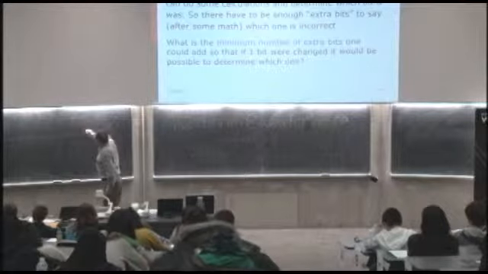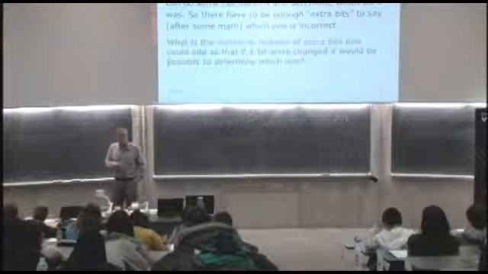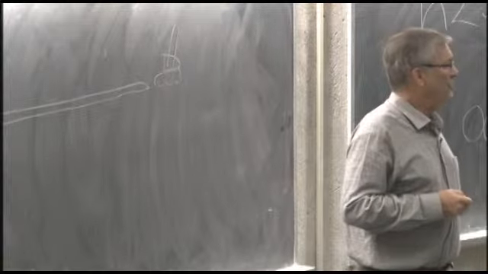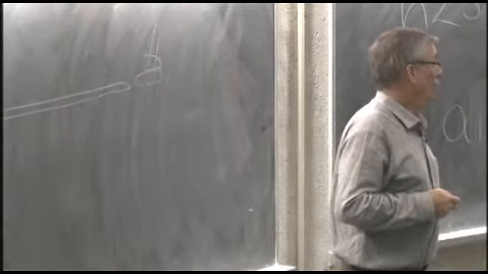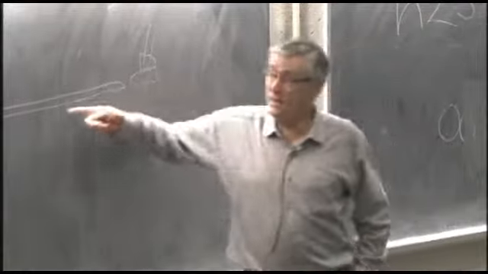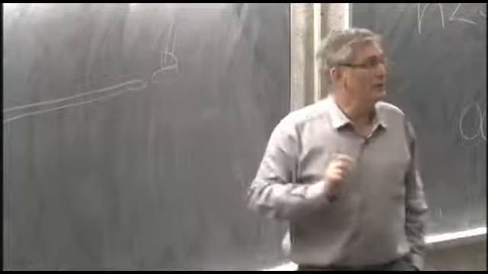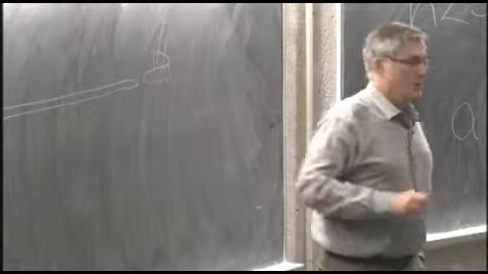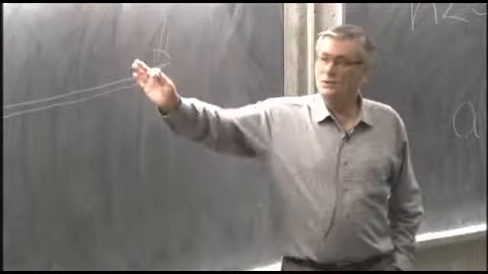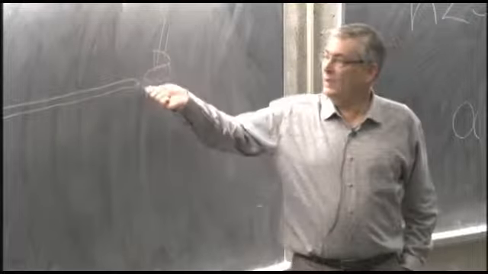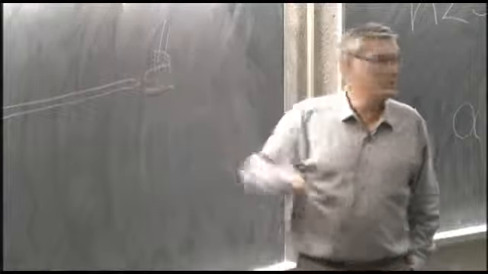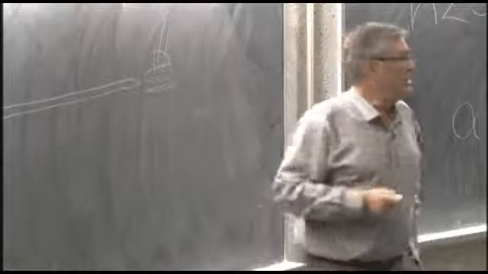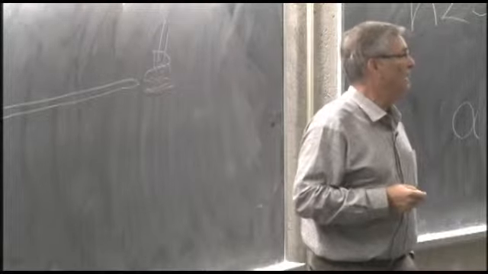But you have to have enough extra bits such that if one were flipped anywhere in here, including here, you could figure out where it was, by doing the decoding, looking at these particular bits and doing some arithmetic. But these particular bits have a number of possible values.